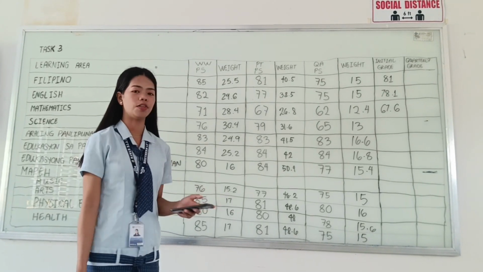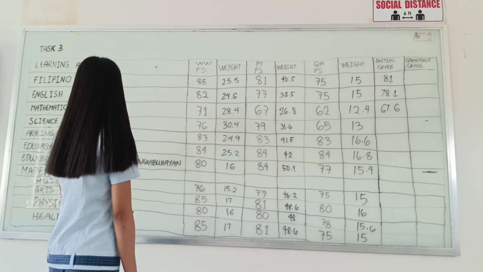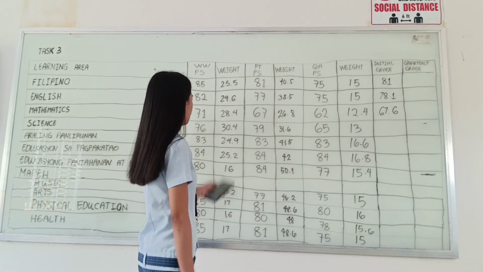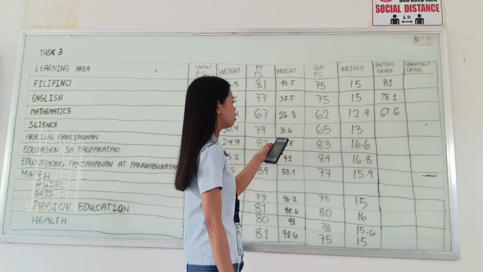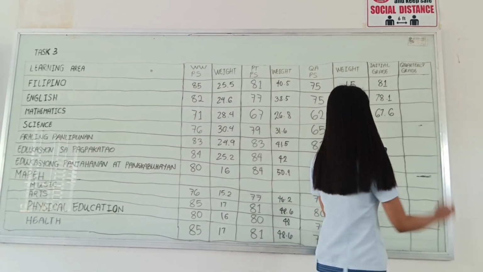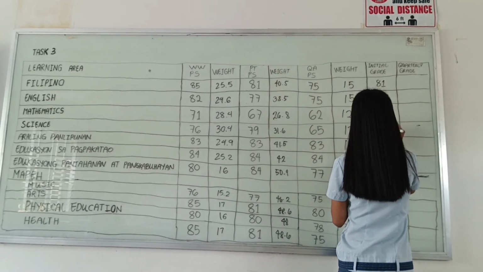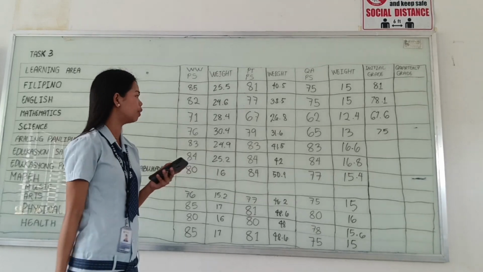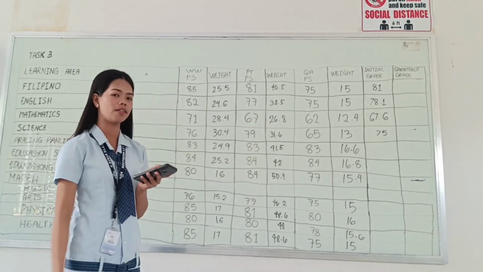The same calculation process applies for the remaining subjects. In Science, we will add all the weighted scores, which will be 30.4, added to 31.6 and 13. So the initial grade is 75. For the subject Araling Panlipunan, we will also add all the weighted scores.